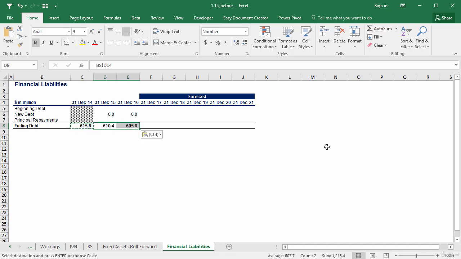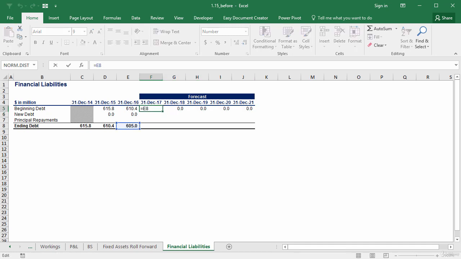This also gives us beginning debt, given that the ending debt for 2014 was beginning debt for 2015, and the ending debt for 2015 was beginning debt for 2016. Okay? We can even copy the formula for beginning debt for the forecast period.